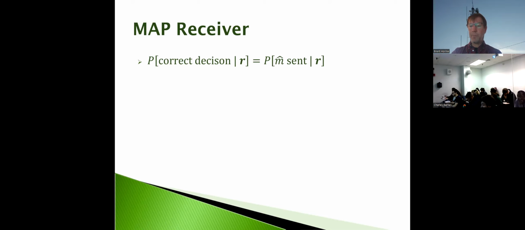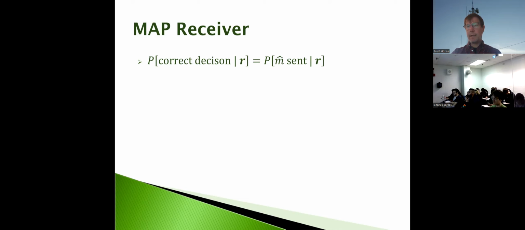So what we want is to look at the probability of getting a correct decision as conditioned upon the received vector R, right? We want this to be maximized. That's equivalent to saying that we're estimating M hat, and if it's correct, that implies it was M that was actually sent.